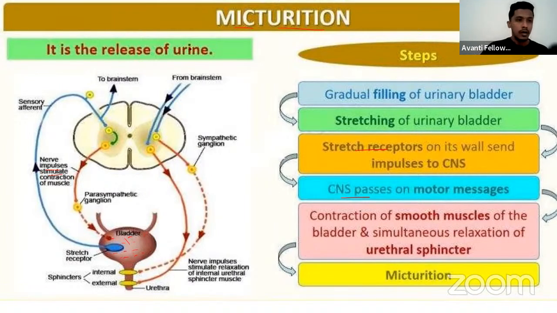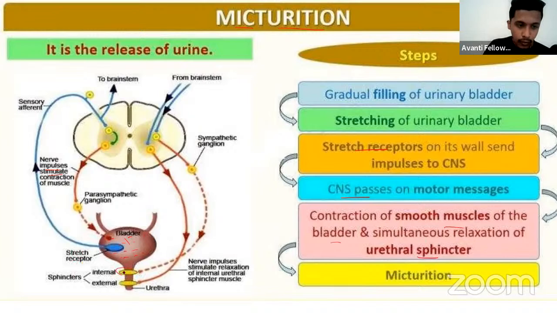So what is happening once the stretch receptors increase? The stretch receptors will send a signal to the central nervous system. Where is the central nervous system? It is your spinal cord, isn't it? Once it reaches the spinal cord, your spinal cord will send a signal back for the constriction of the smooth muscles of the bladder as well as relaxation of the urethral sphincter.